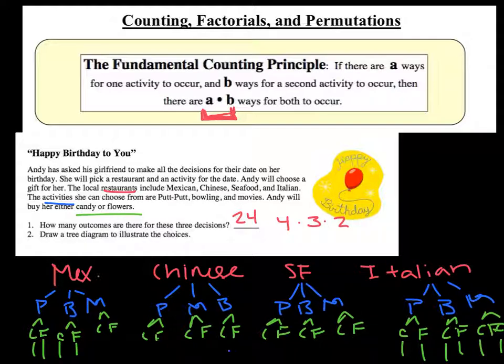So there's 24 things at the end of our tree diagram. We also got that from multiplying the events together. So both ways you're able to do that. You're literally just counting the number of possible ways or possible decisions or combinations that they can choose from.